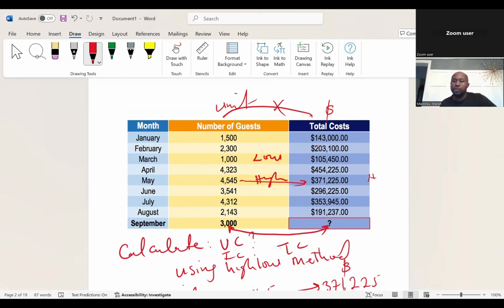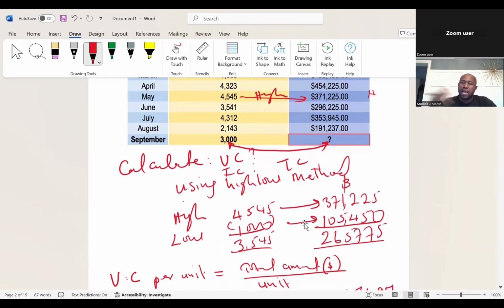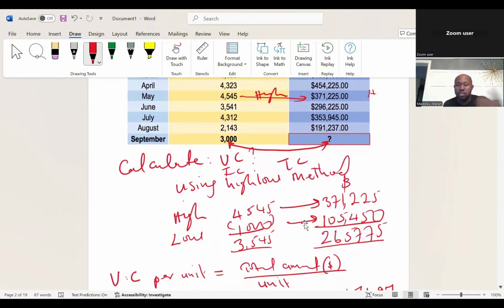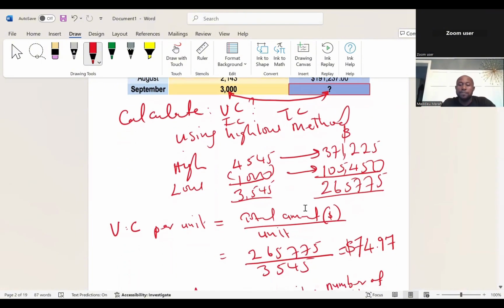So you look for the high activity and trace to the cost, and low activity and trace to the cost. You have your high activity, which is 4545, and low activity, each traced to its cost. And you calculate your variable cost per unit, which is the total amount divided by units, which gives 74.97.